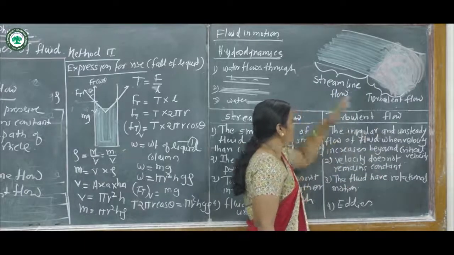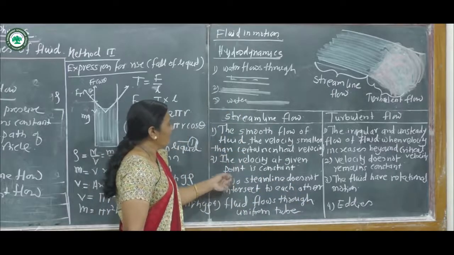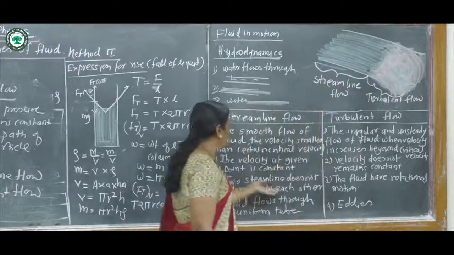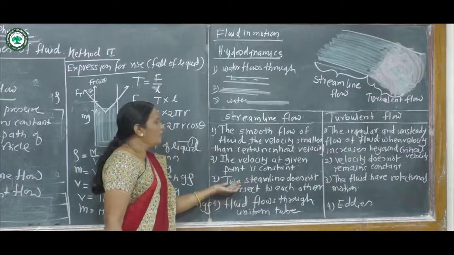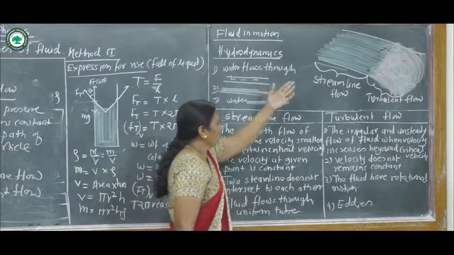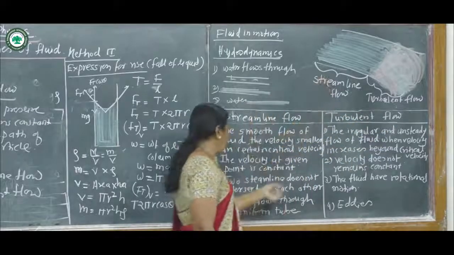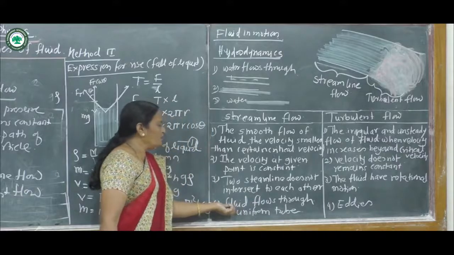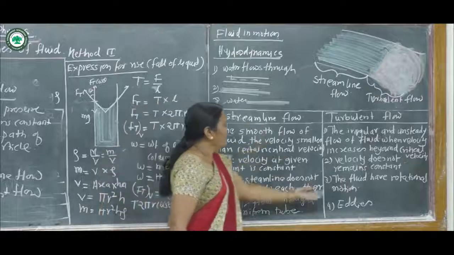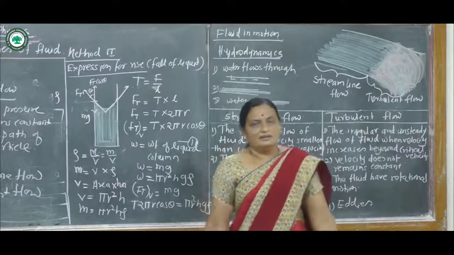It changes at every point. In streamline flow, two streamlines never intersect with each other. Here the fluid has rotational motion. For example, fluid flows through a uniform cross-sectional tube, and here it shows the turbulent flow. Thank you.